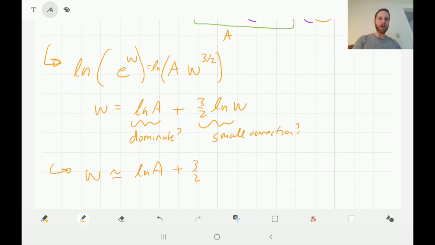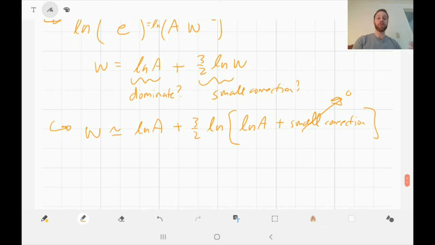I take the natural log of this expression, which is the natural log of a plus, and then you could keep doing this ad infinitum. But why don't we just write the words small correction in the hopes that we get to ignore it. So let's just ignore it to give us some approximate solution. This is how you could figure out w perturbatively, and then you could get your recombination temperature.